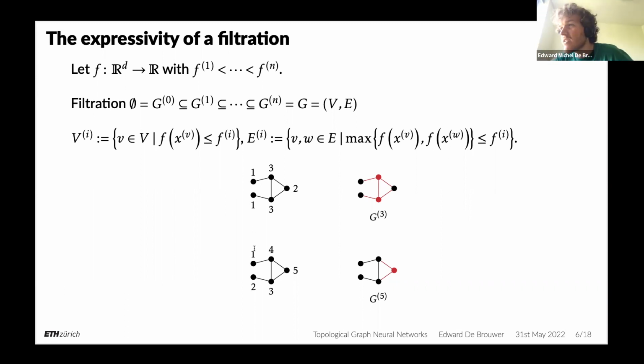So for instance, let's take the one on the bottom. That would give 1, 2, 3, 4, 5. That assigns an order in which you include the nodes one by one. At the beginning you only add node 1, then subgraph number 2 would be only those 2 nodes. Then number 3 would be this one. You add this edge because there is an edge between those 2 nodes which are already included, and 5 like this.